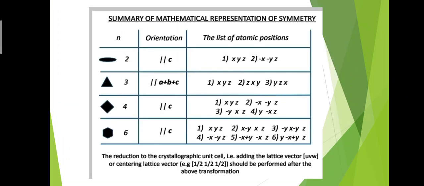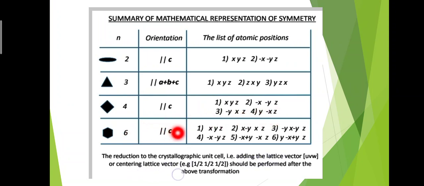Summary of mathematical representation of symmetry. N, orientation, the list of atomic positions. Two-fold, parallel to C: x, y, z and minus x, minus y, z. Three-fold, parallel to A plus B plus C: x, y, z; z, x, y; y, z, x. Four-fold, parallel to C: x, y, z; minus x, minus y, z; minus y, x, z; y, minus x, z.